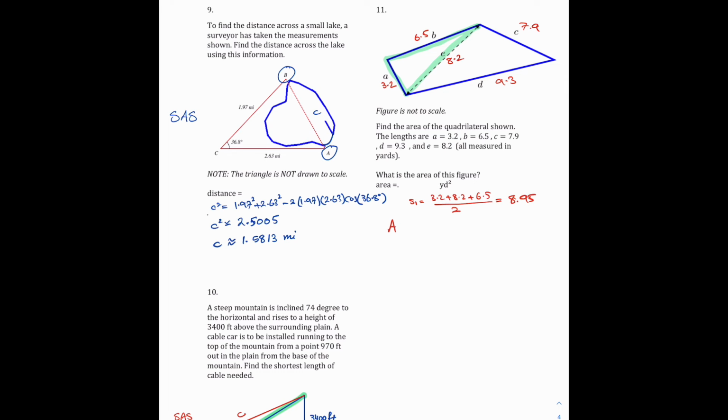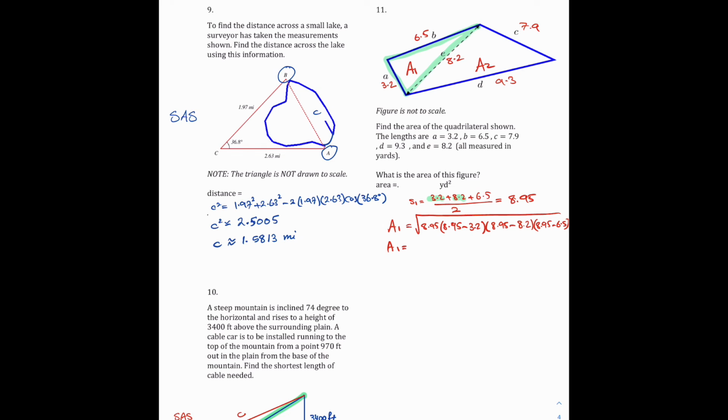Now the area of the first triangle is going to be the square root of 8.95 times (8.95 minus the first length, 3.2) times (8.95 minus the second length, 8.2) times (8.95 minus the last length, 6.5).